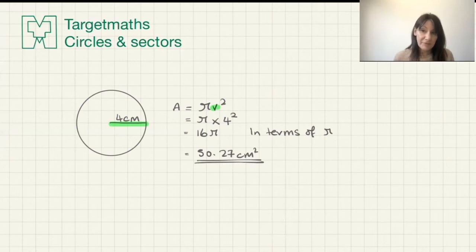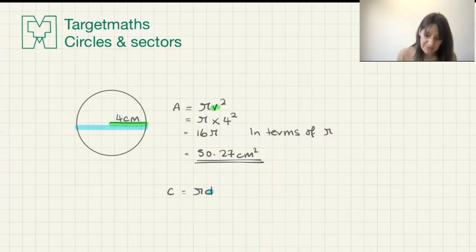Okay, circumference. Circumference is pi d. So again, I know that I need a number to replace that letter D. I go to the diagram to get that information. The information I've got, however, isn't of a diameter, it's of a radius. Diameter is all the way along.